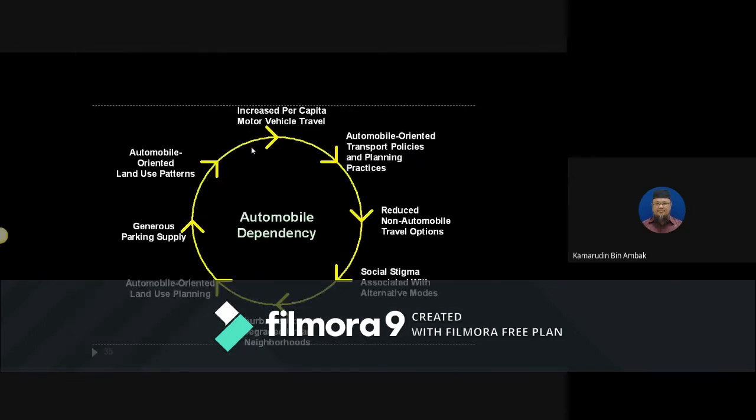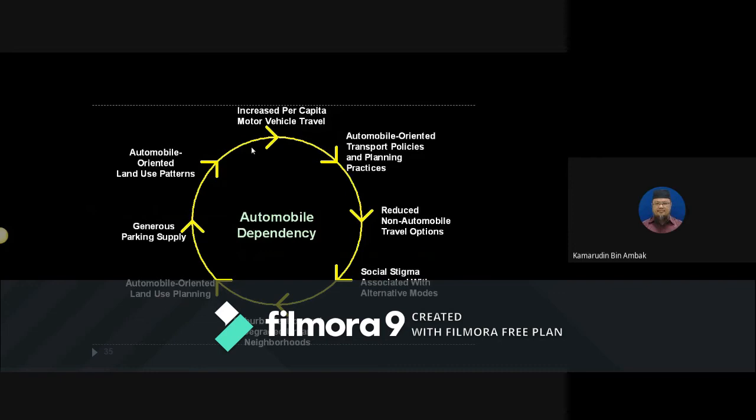Okay, if you look at this cycle of automobile dependency, increased per capita motor travel will impact automobile-oriented transport policy and planning practice.